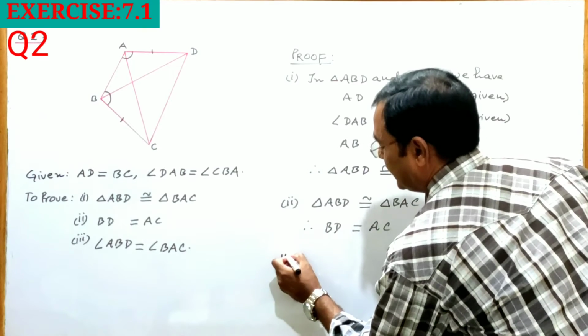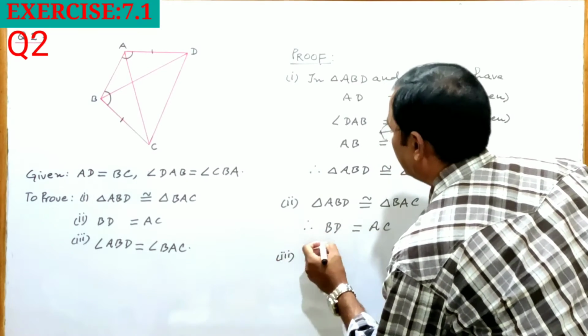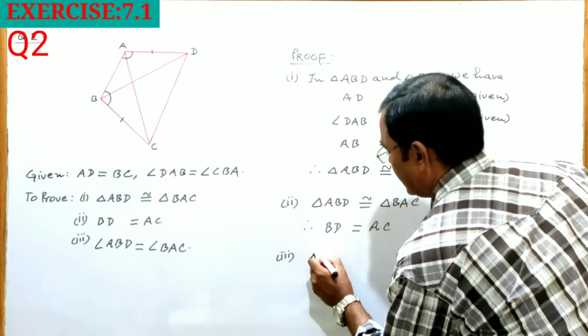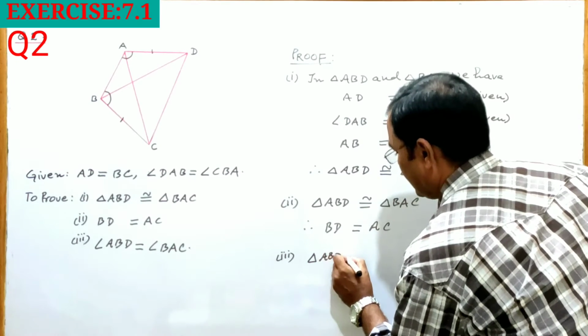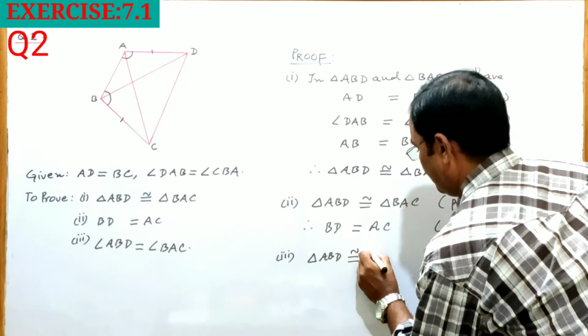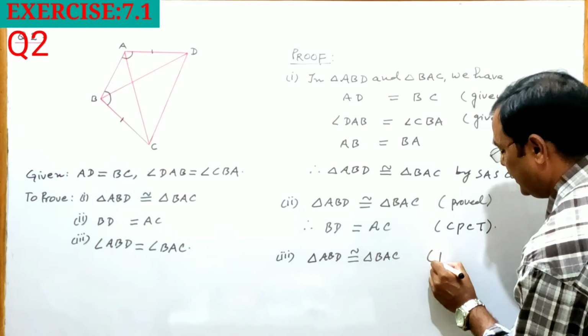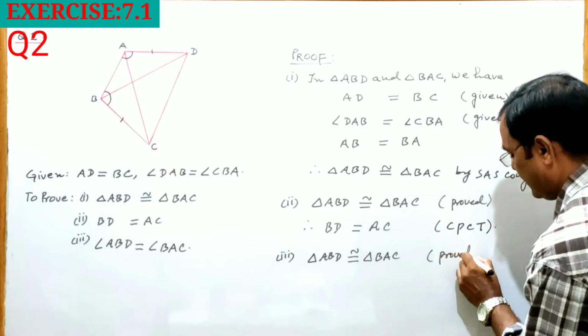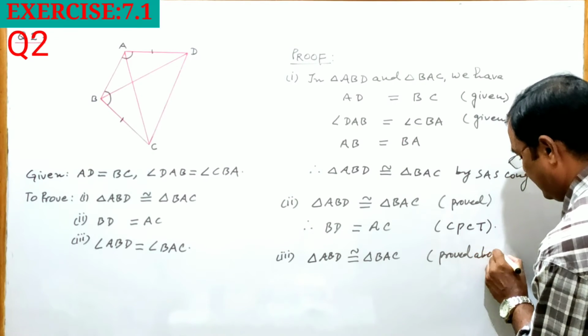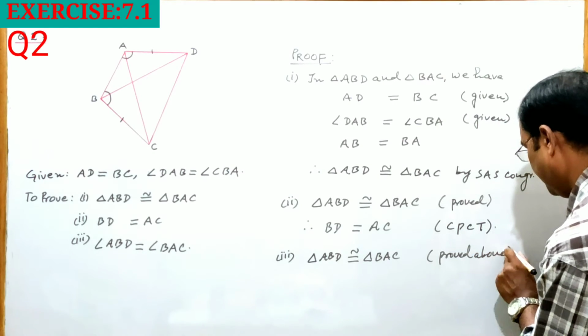Now third part. Triangle ABD is congruent to triangle BAC, proved above. It is proved in the first part.